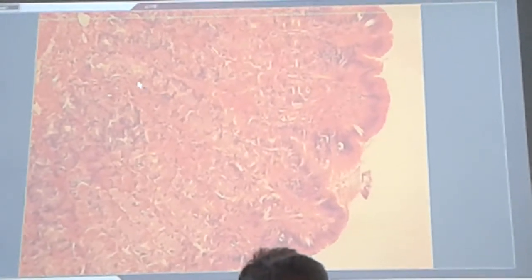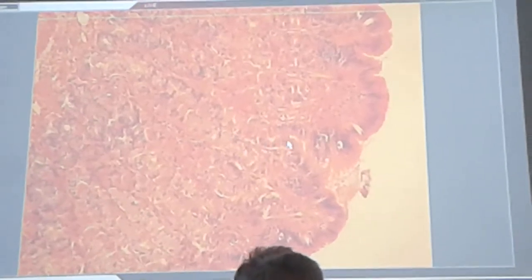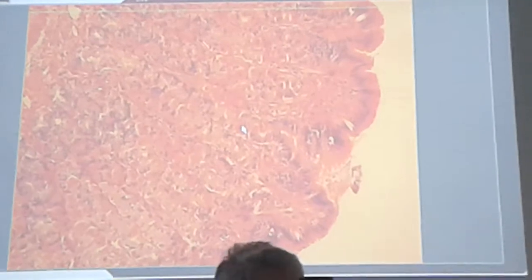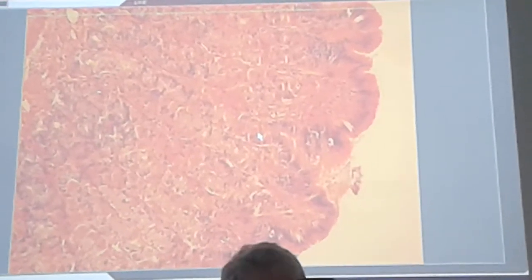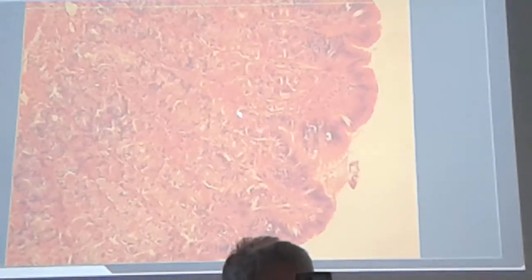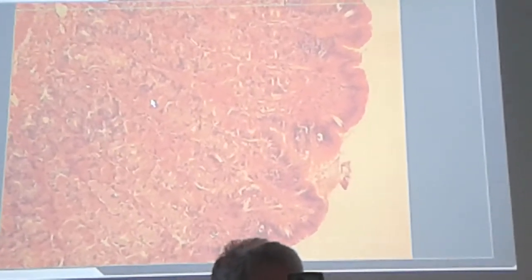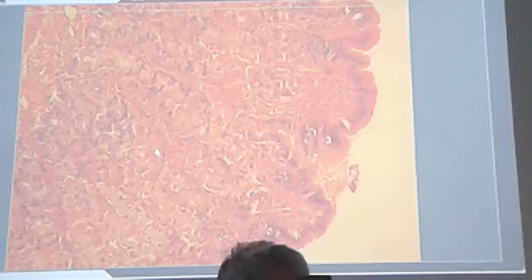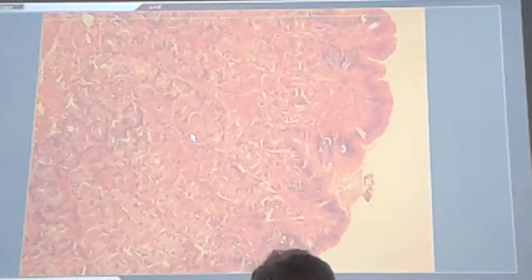Since this is still continuous with the gastric pits, they secrete their material to the stomach surface. And the cells resting here are identified by their staining characteristics.